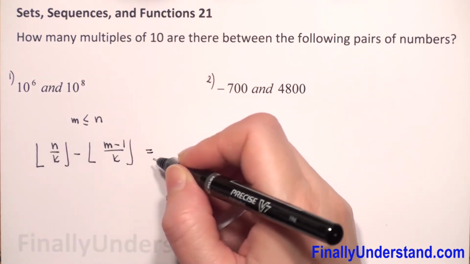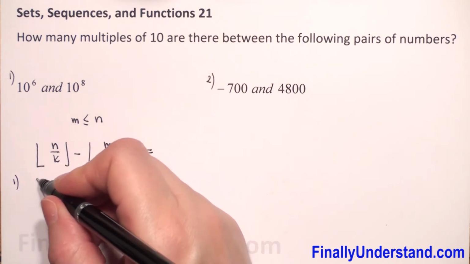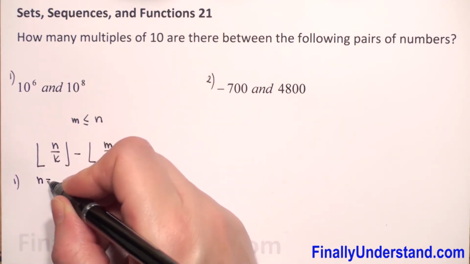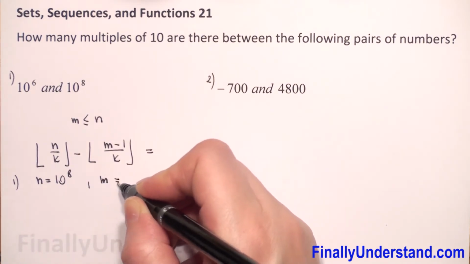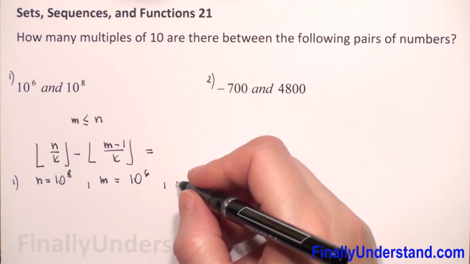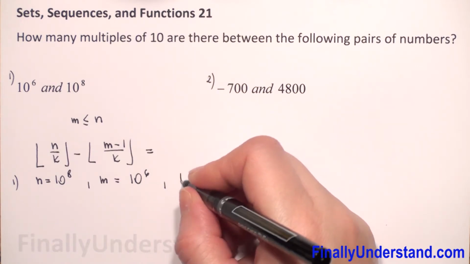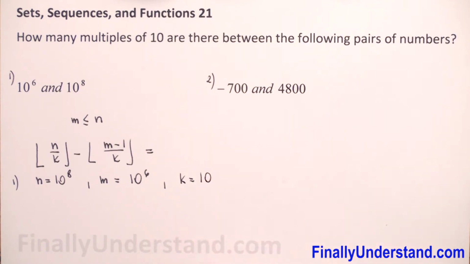In the first example, we are given n equal to 10 to the 8 power, m equal to 10 to the 6 power. And we have to find how many multiples of 10, so k is equal to 10.